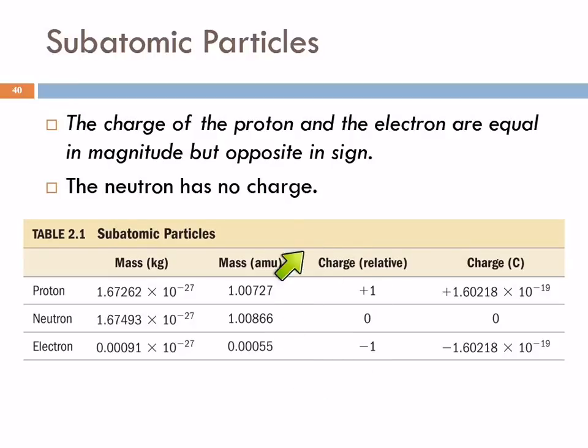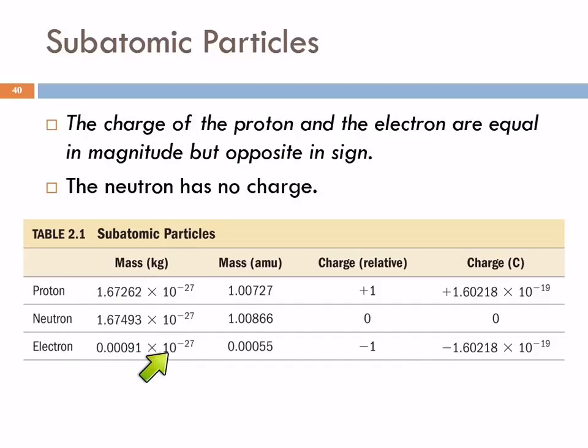So the relative charge here is something that you need to know. The actual charge measured in coulombs, we're not going to use that number very much, and if we need it, we'll just look it up. It's 1.6 times 10 to the minus 19 coulombs. The electron is exactly opposite, negative in charge.